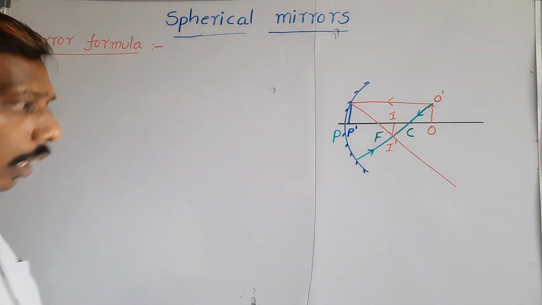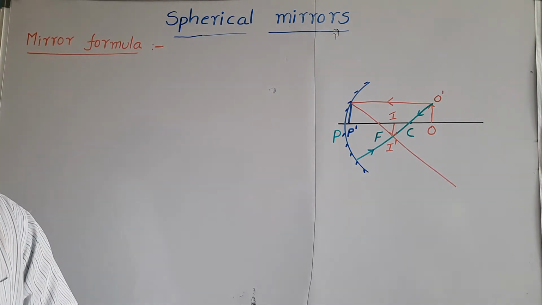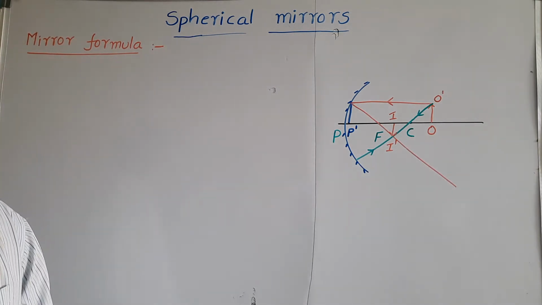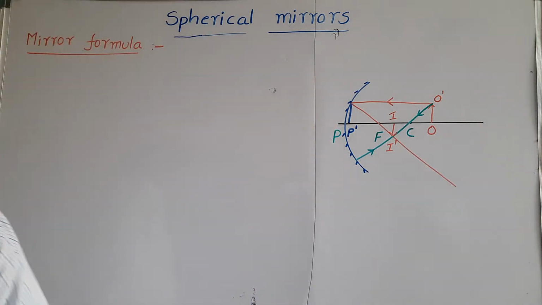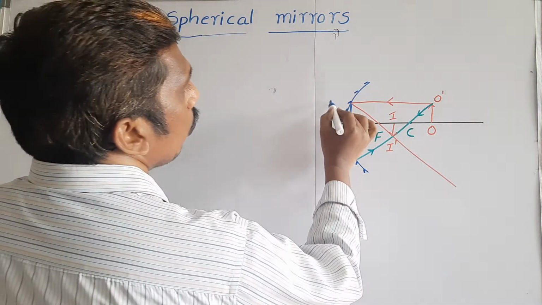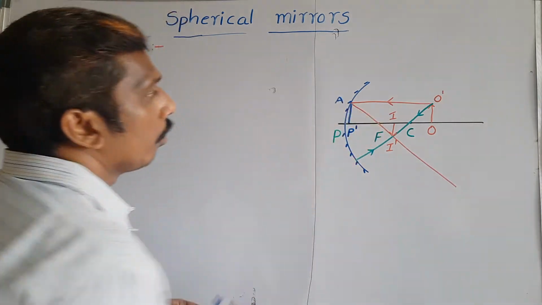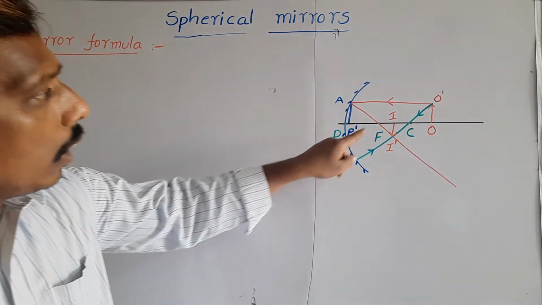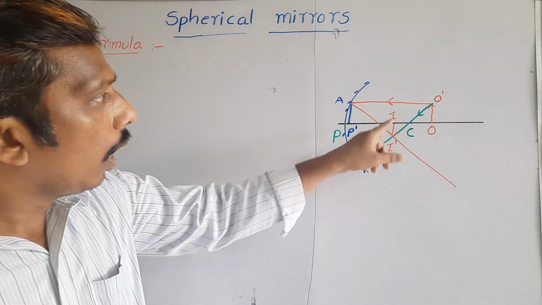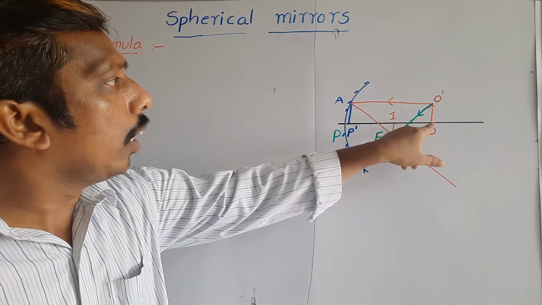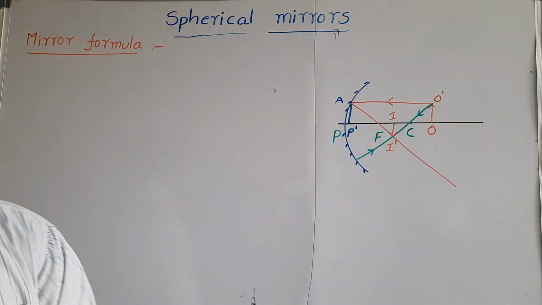If we observe here, 4 triangles are there. This point of incidence is taken as A. P dash F is one triangle, F I dash is one triangle, I dash C is another triangle, and O dash C is another triangle.